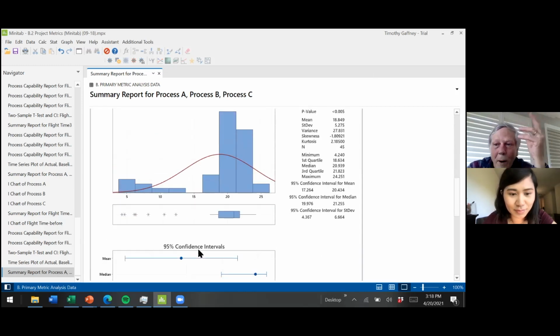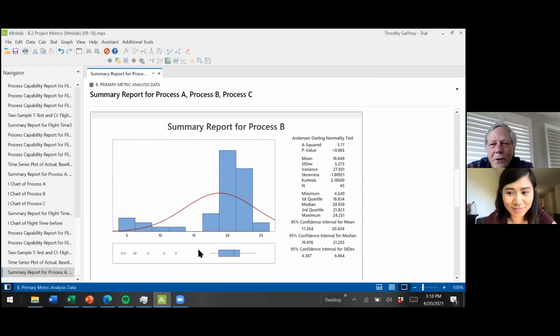Process B. So we know part of the story, but not all of the story, whether there's a baseline for these or not. Here's process B. Is that normal or not? The p-value is less than 0.05, so it's not normal. Does it look normal? No, very abnormal. That's the average, and that's the standard deviation.